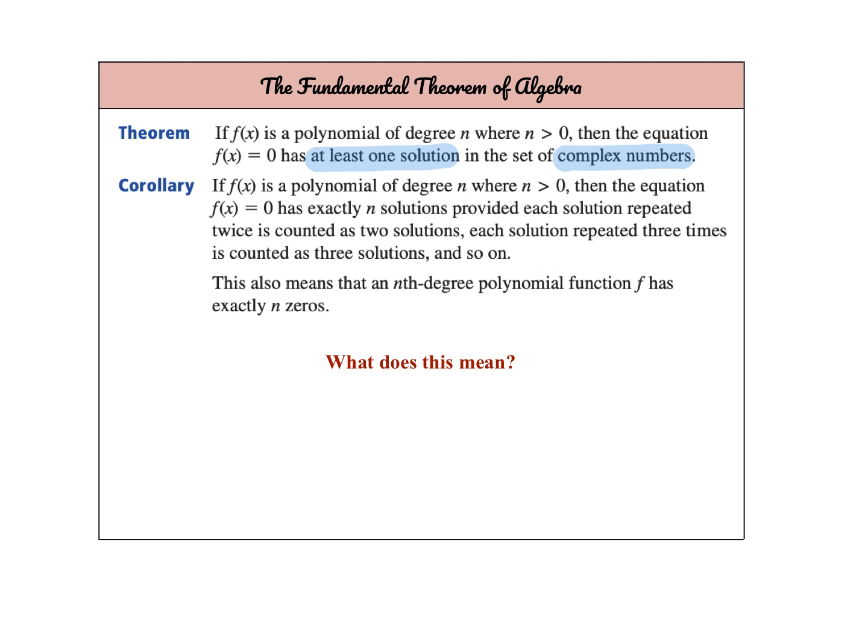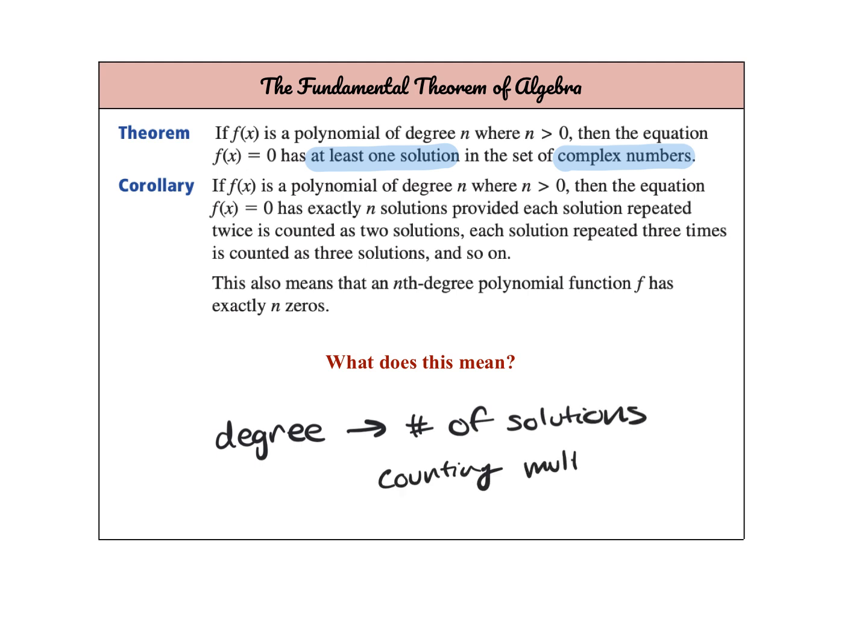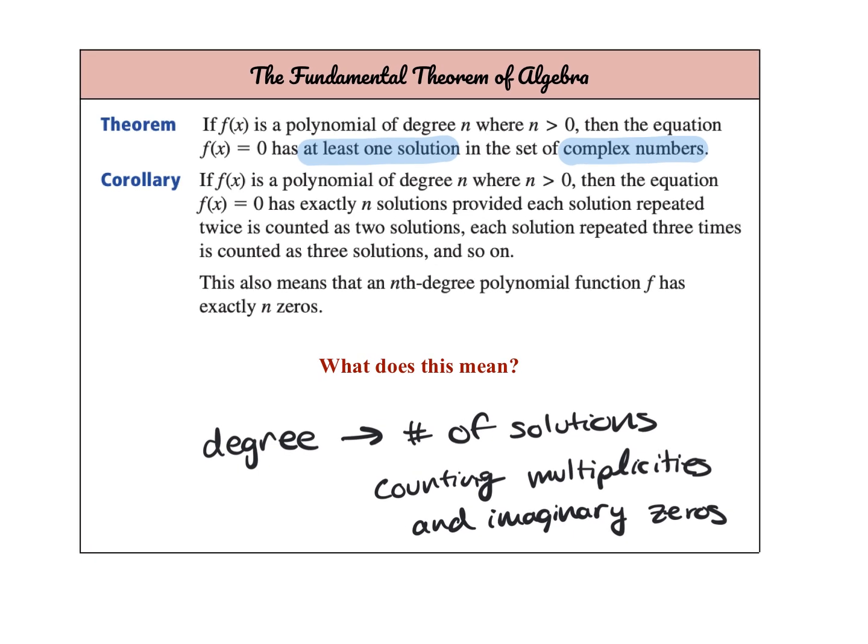So what does this mean? The degree tells us the number of solutions to expect, counting multiplicities and imaginary zeros. So there you go. So we can use this to help us make sure that we have found all of the answers to our problem.